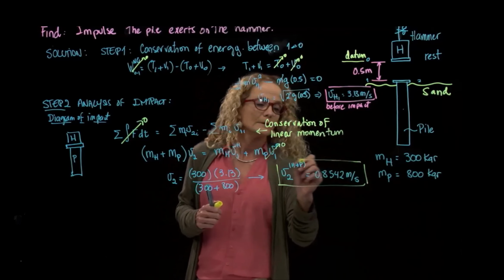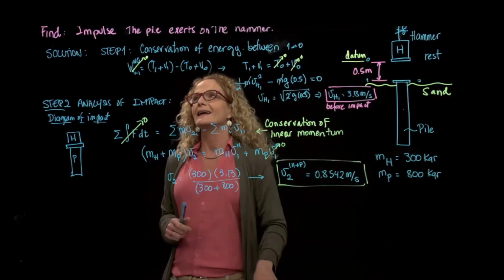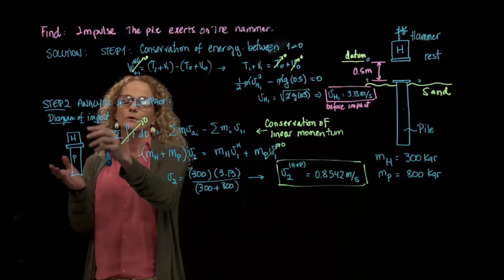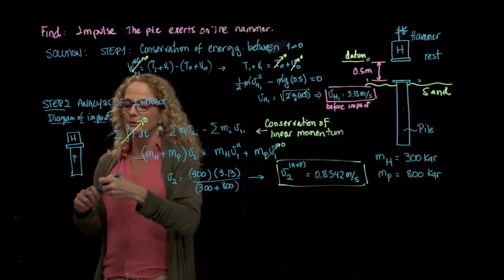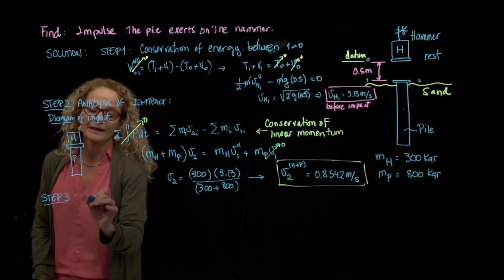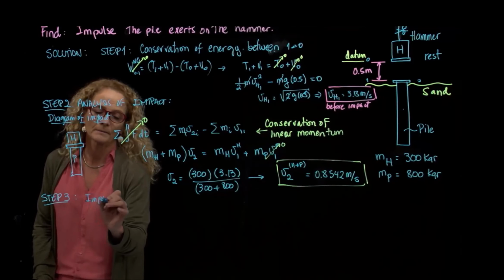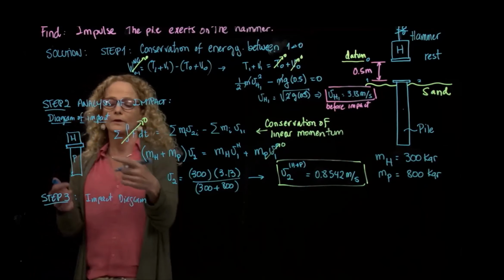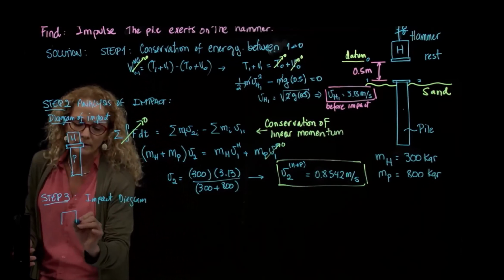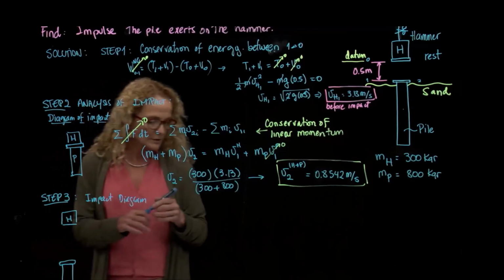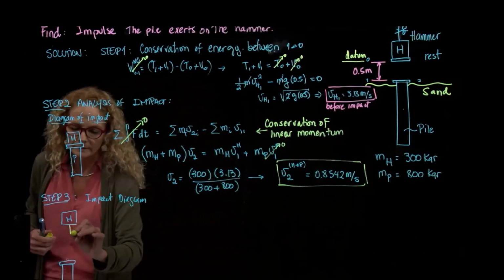Now, they want us to find the impulse on the pile. So we need to find that internal force that we don't see here. So step 3 is to do the impact diagram of one of them, because as you see, if we do the hammer or we do the pile, the internal force that one produces on the other only entails impulse.